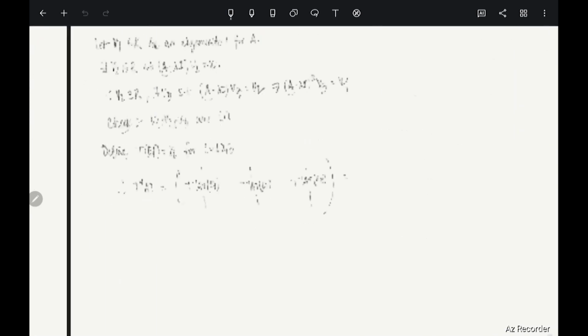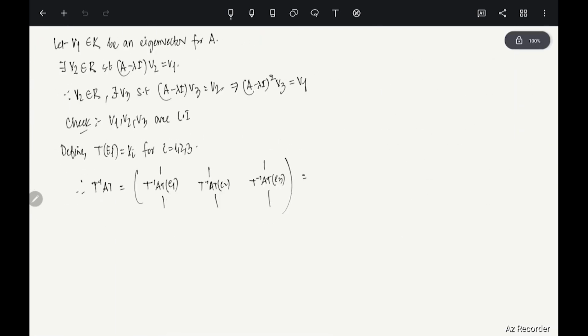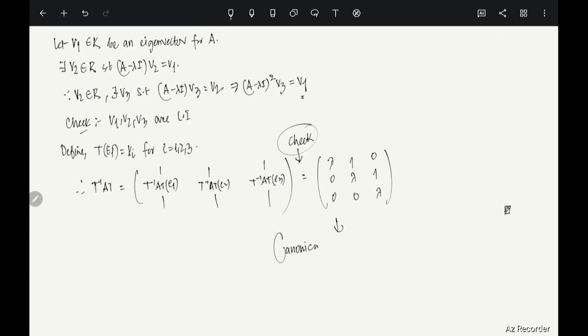If you calculate it, you will end up getting lambda 0 0, 1 lambda 0, 0 1 lambda. Clear? So you have to check this part. This is what happens if you have a 3 by 3 matrix with a repeated eigenvalue. This is called the canonical form. You can reduce it to one of those 3 forms and you are good to go.